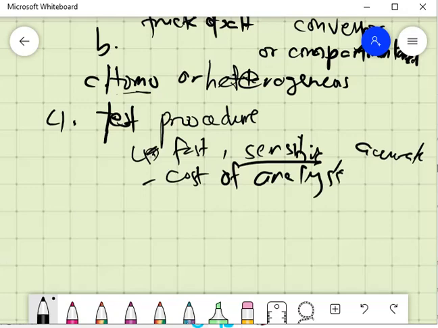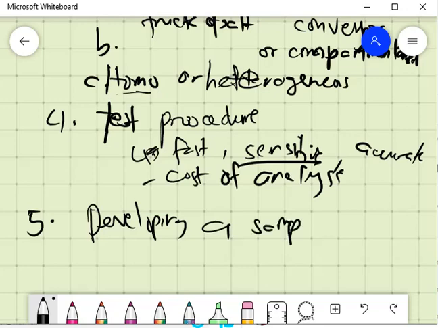Next, and this is the last one, is developing a sampling plan. So this is the final thing to consider in sampling.